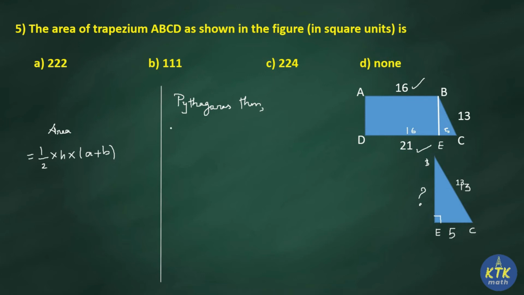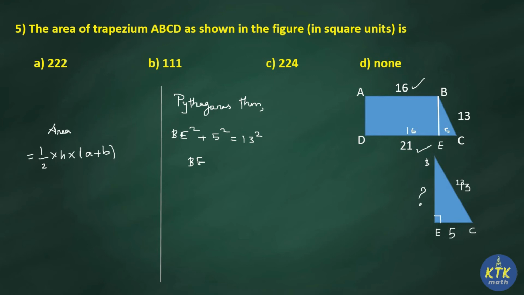So just start writing. Your height is BE, so I can write BE square plus your base 5 square is equal to 13 square. From this I need to find BE, that would be the height of the trapezium.